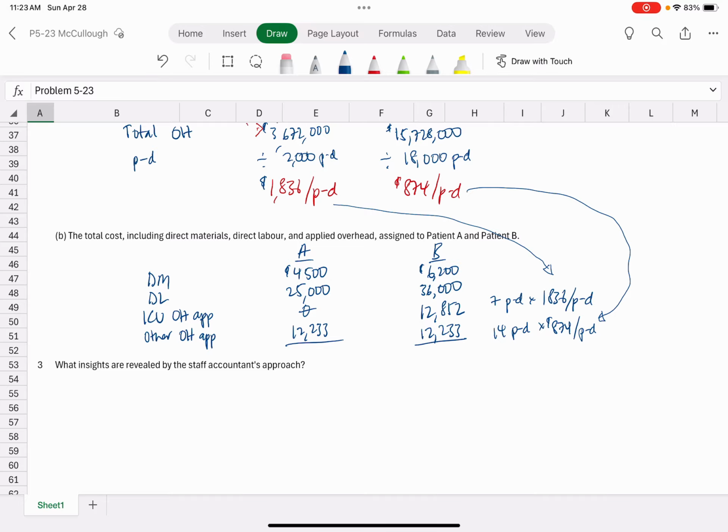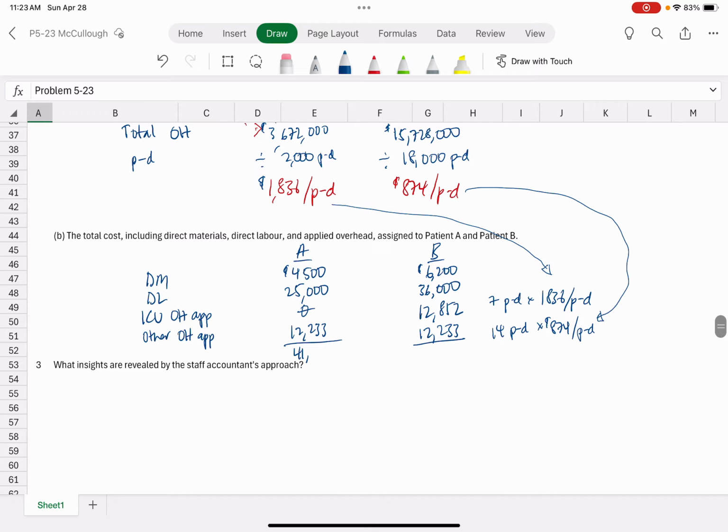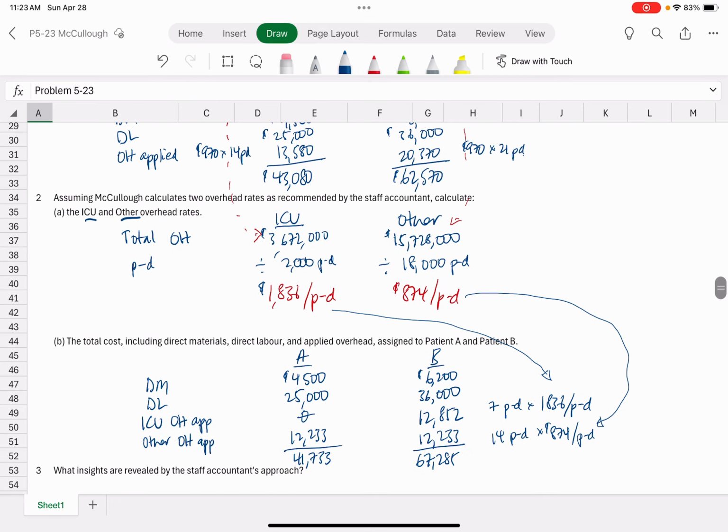Adding these up, we have a total patient cost for patient A, $41,733 versus $67,285. Okay, let's just compare these.